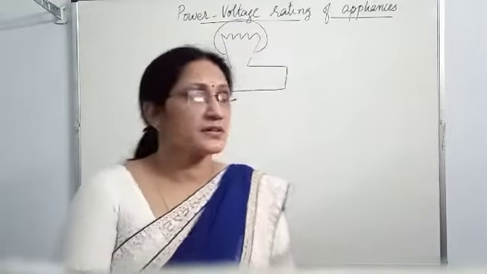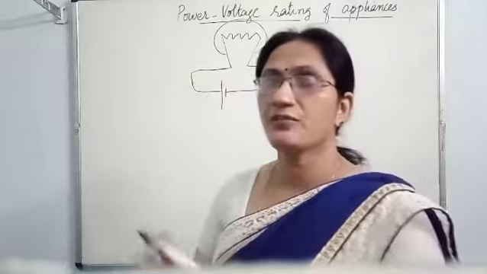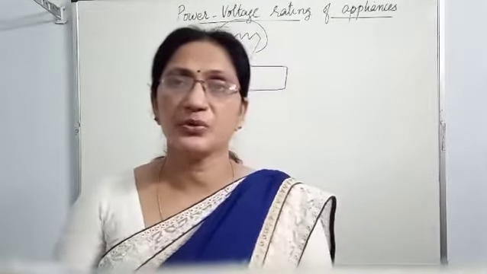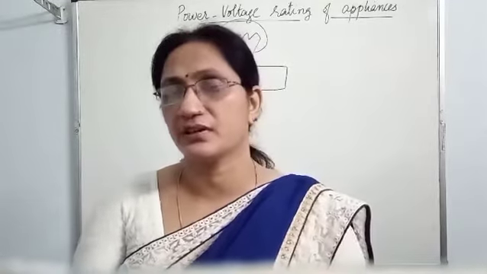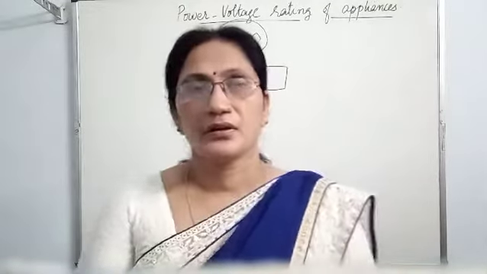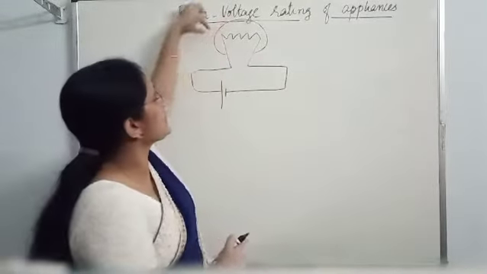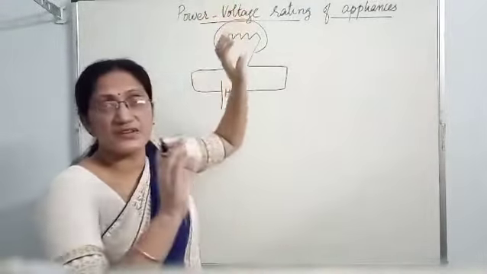Next topic is power voltage rating of appliances. In every electric appliance, you can see two important labelings. For example, on a bulb, on the outer glass cover, you might have seen something written.